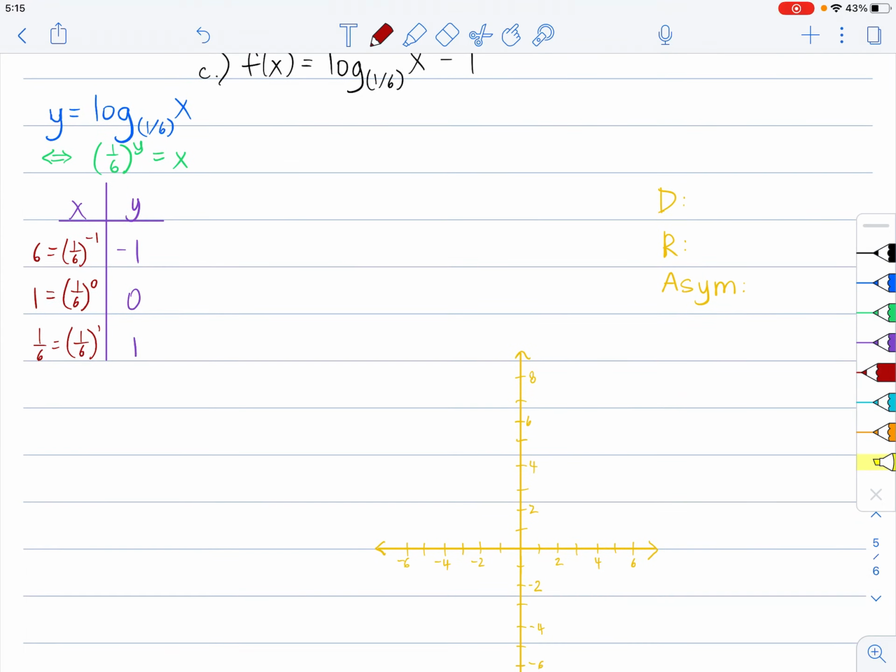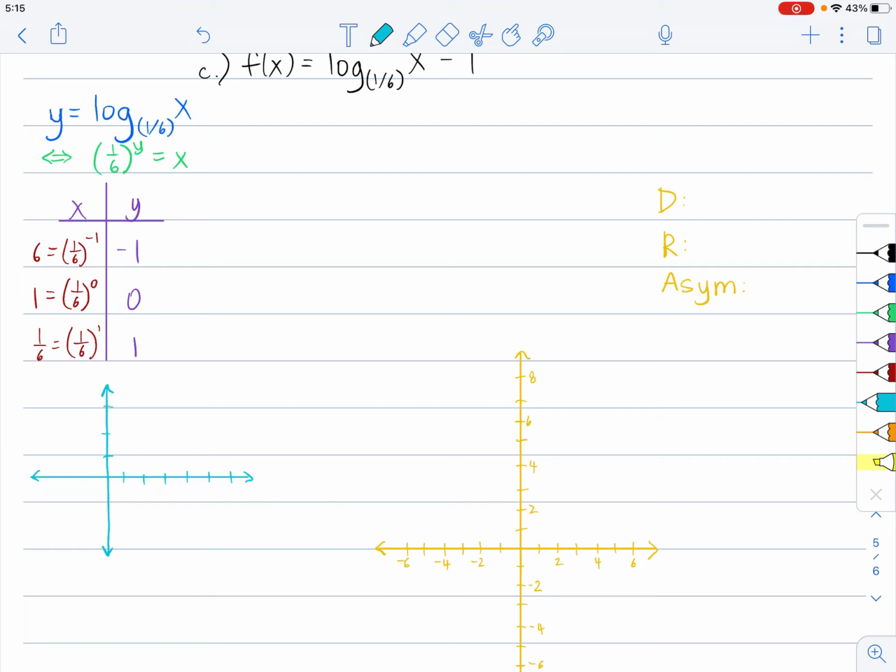And next I want to sketch my mini graph. Now my x does need to go out to 6 this time. So 1, 2, 3, 4, 5, 6.